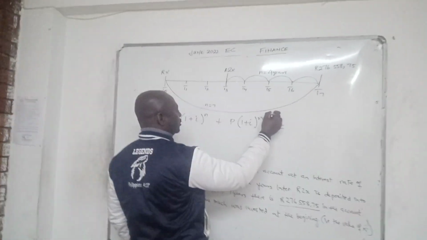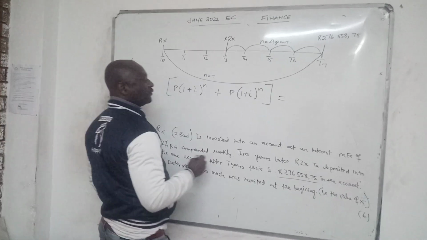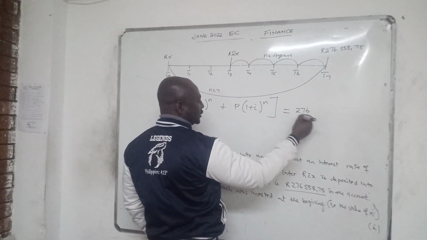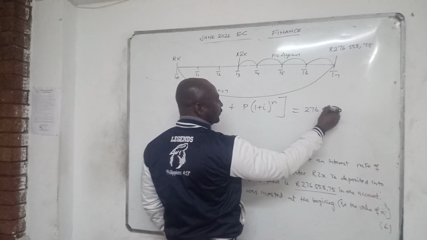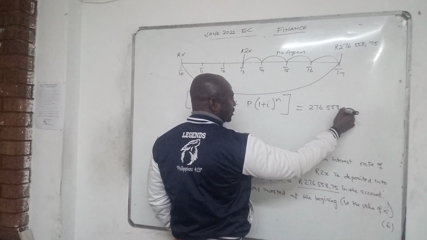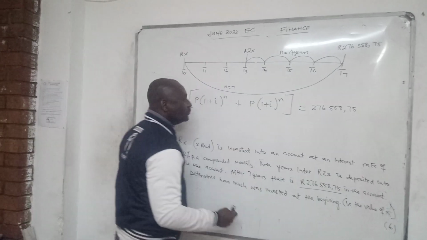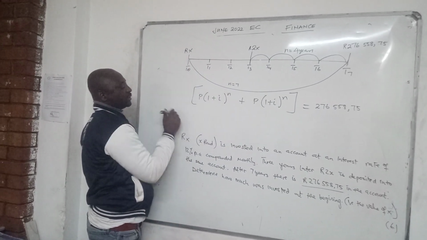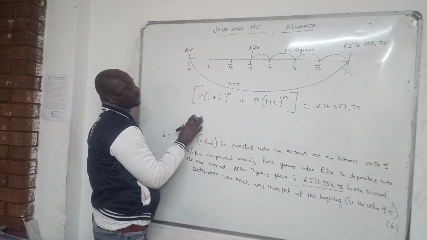When we add these two, this must give us 276,558.75.